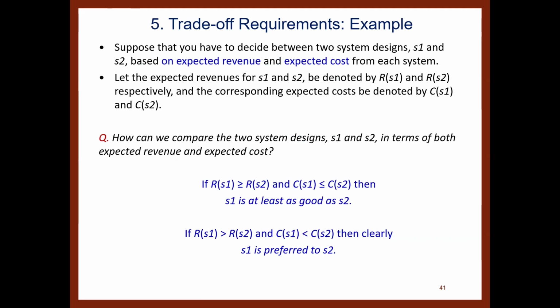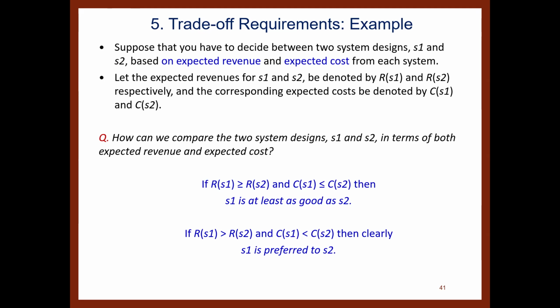How can we compare these two system designs, S1 and S2, in terms of both revenue and cost? Well, we can start with the revenue, and we can have some logical statements like this one. So if the revenue of S1 is greater or equal to the revenue of S2, and the cost of S1 is less than or equal to the cost of S2, then S1 is at least as good as S2.